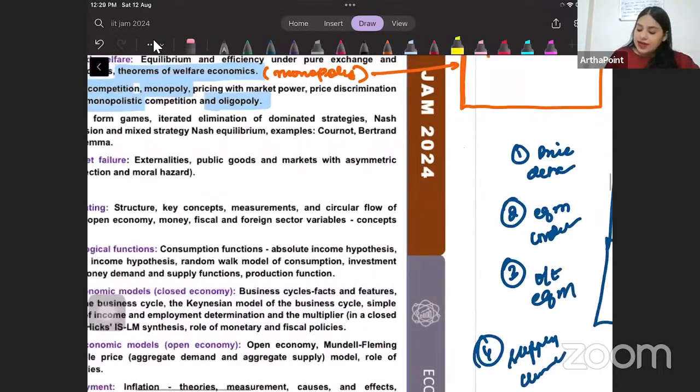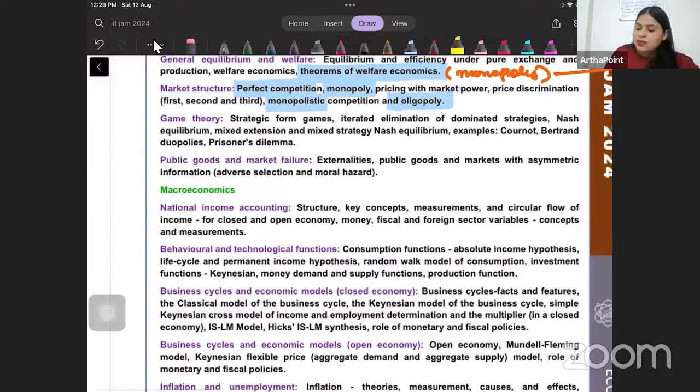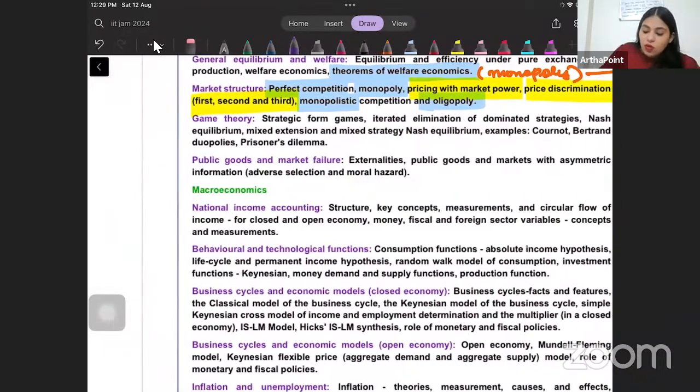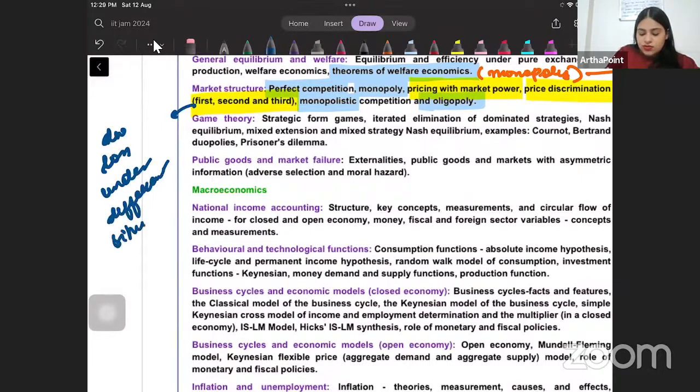Okay. Next, beta. It talks about pricing with market power and price discrimination. So first, second, and third, all price discrimination are important. And isme you should be also studying what is deadweight loss under different situations.